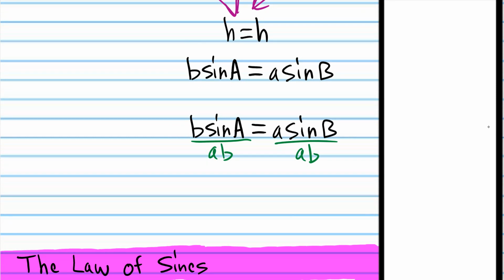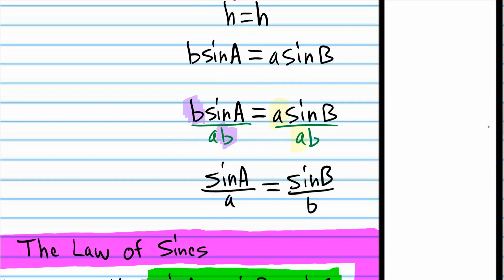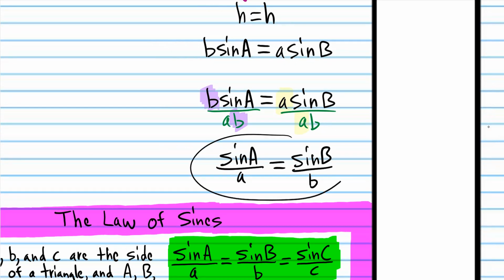And when we do that, the purple b's cancel out, and these a's cancel out. So then we get sine A over a is equal to sine B over b. And that is the law of sines.